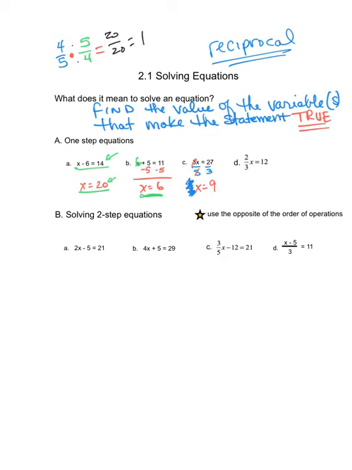Okay? So let's go to 2/3 x equals 12. The simple object of this, not the logic behind it, is to try to get the coefficient of x to be 1. So how are you going to get rid of the 2/3? How do you get 2/3 to be 1?